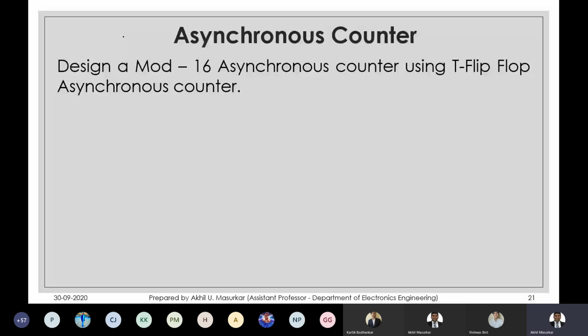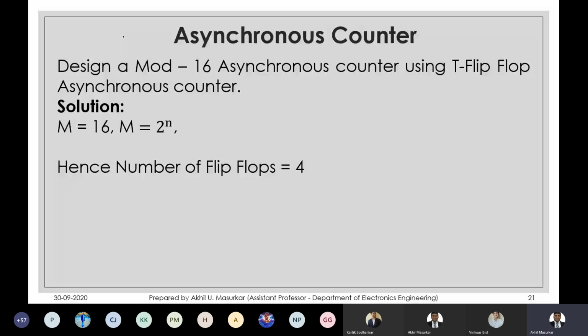That is right. So M is 16, the number of states of the counter, and the number of flip-flops will be 4. And this is going to be the circuit.